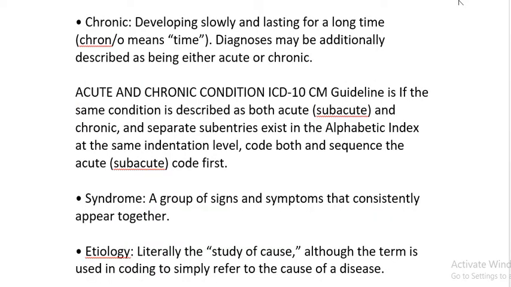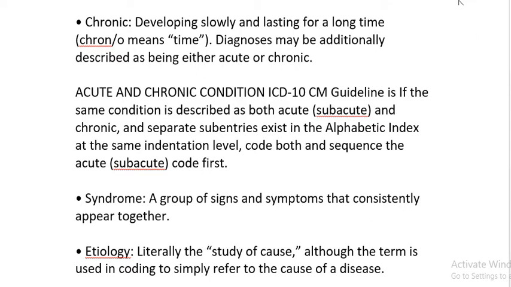So now we have chronic conditions, developing slowly and lasting for a long time. A diagnosis may be additionally described as being either acute or chronic. For example, HTN, diabetes, asthma are long-term conditions which will last for the life of the people. So these are chronic conditions.